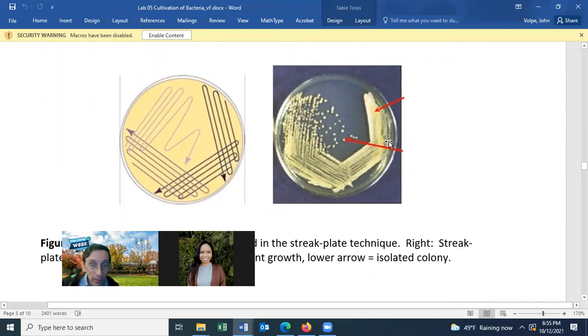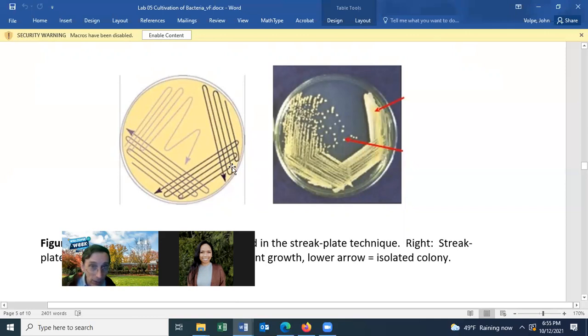The reason is there will be more bacteria here and less bacteria here. And so if you set this quadrant up with a sterile loop and put it into here, you'll pick up bacteria from these streaks and then set up quadrant 2. If you come all the way here, you'll get the highest concentration of bacteria cells, and you want less concentrated bacteria cells.